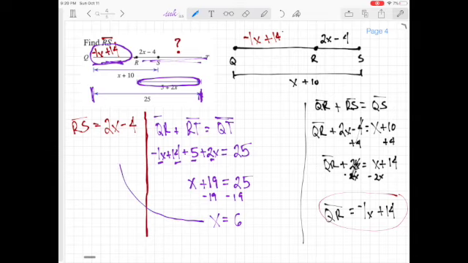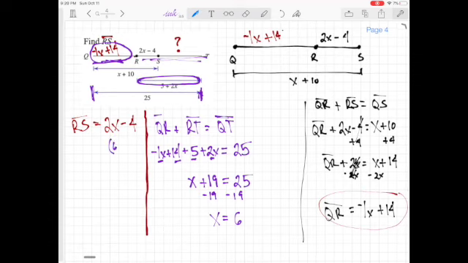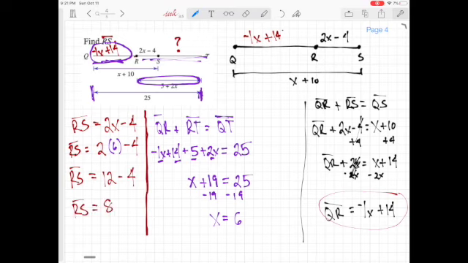So now that I know what x is, I can substitute it into my original problem for x. So I'm going to say this is 6, and we're going to say RS equals 2 times 6 minus 4. 2 times 6 is 12, minus 4, so RS is equal to 8.